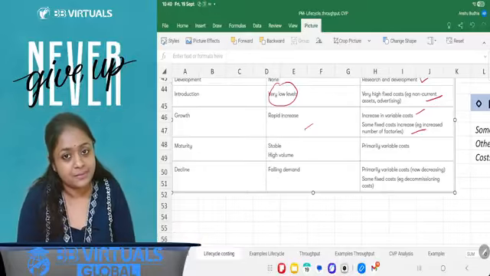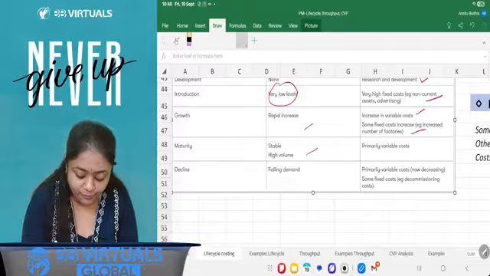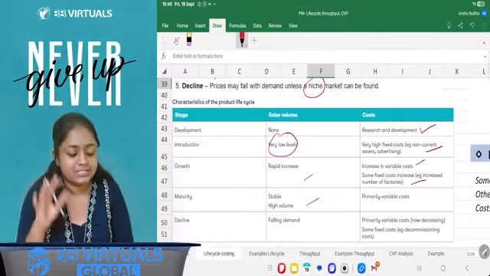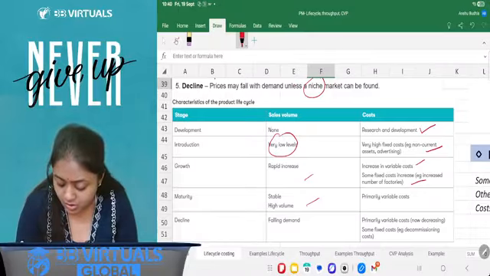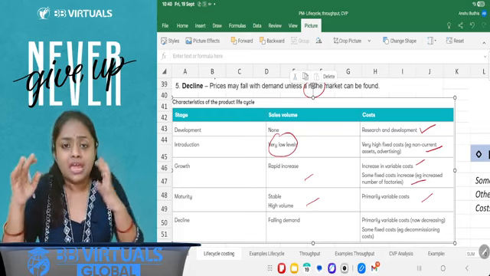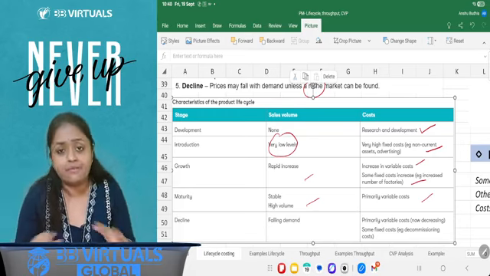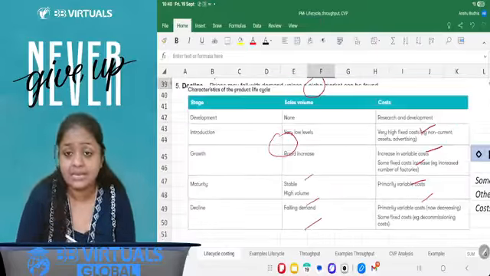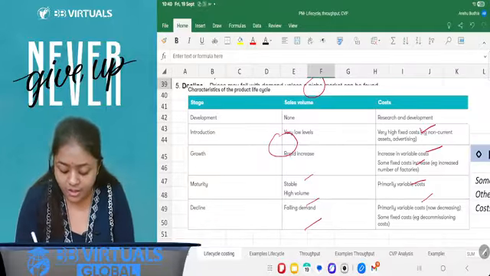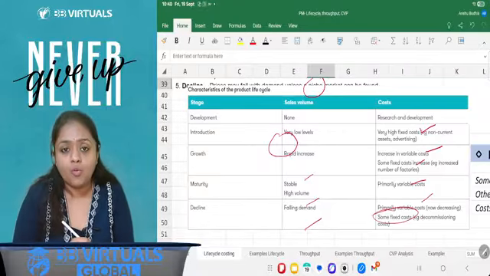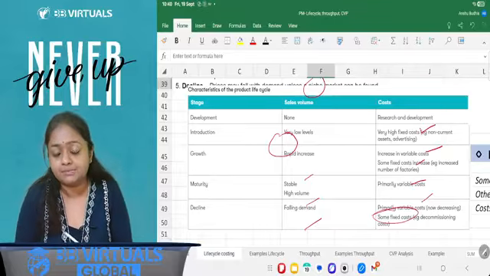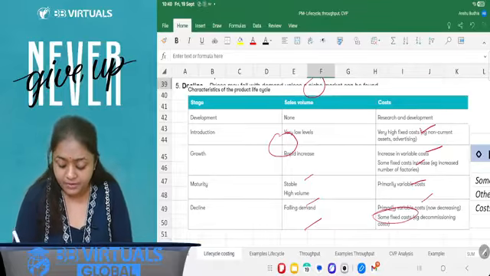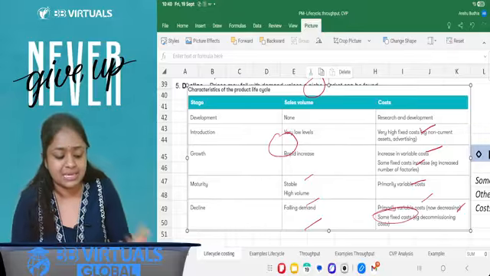Maturity: now you have stable sales at high volume, profit at high volume, and here generally what we incur is variable cost, because stability is there. The entity will be at this level for long. Declining: sales are declining. Now here again we will have a lot of fixed cost also incurred. Why? We will have decommissioning and dismantling that will take place, and variable cost will also be there because sales are there.